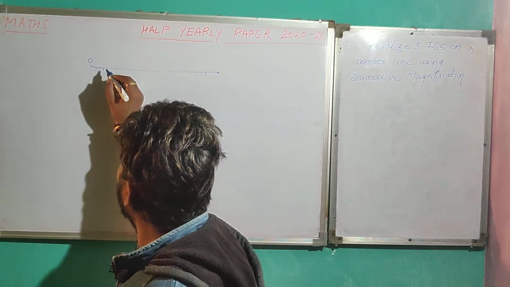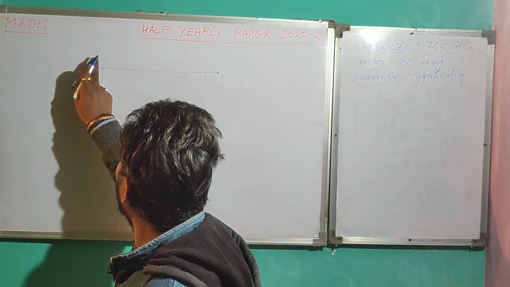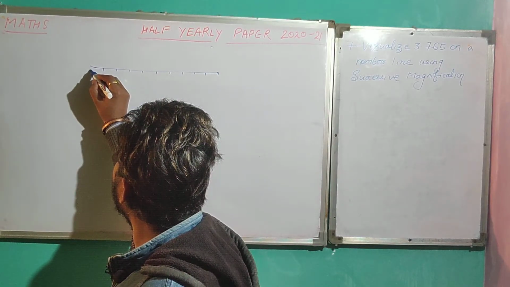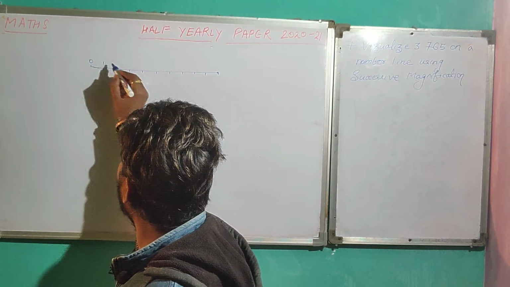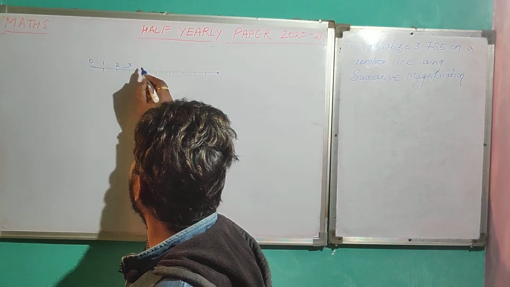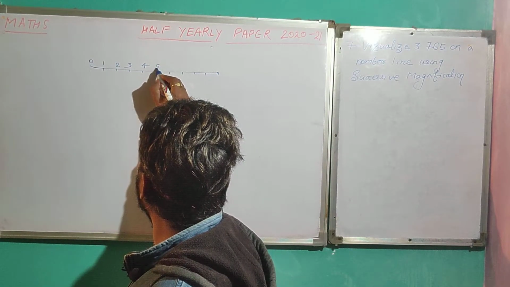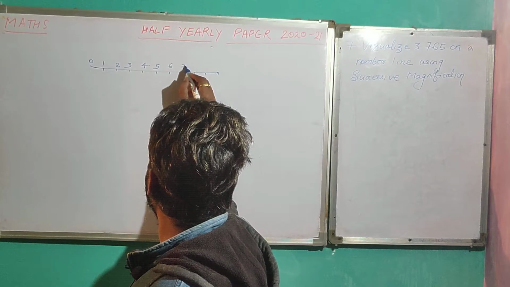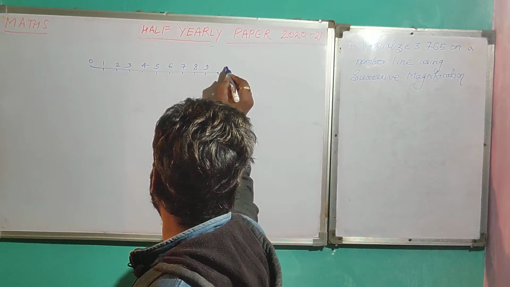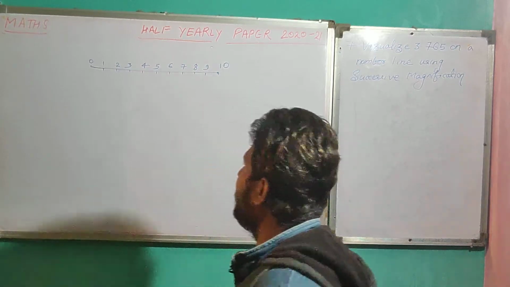This is 0, this is 1, this is 2, this is 3, this is 4, this is 5, this is 6, this is 7, this is 8, this is 9, and this is 10. What was our point? 3.765.